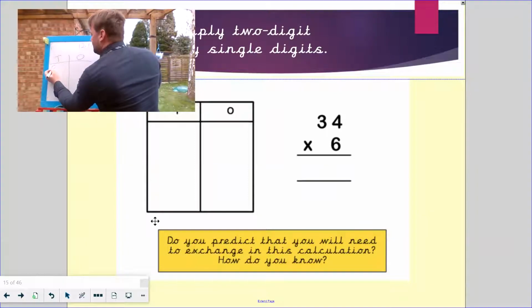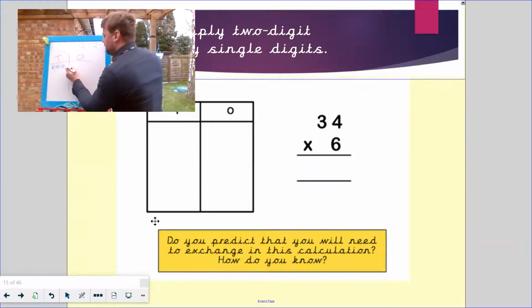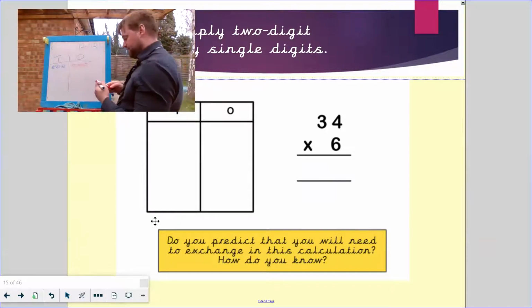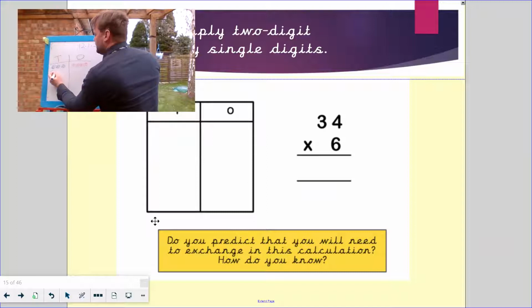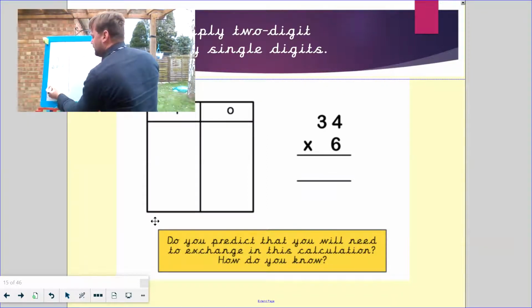So we've got our 30 there and 4 there. And it's being multiplied by 6 times. So 2, 3, 4, 5, 6, cut them in. Just doing this very quickly for you guys.